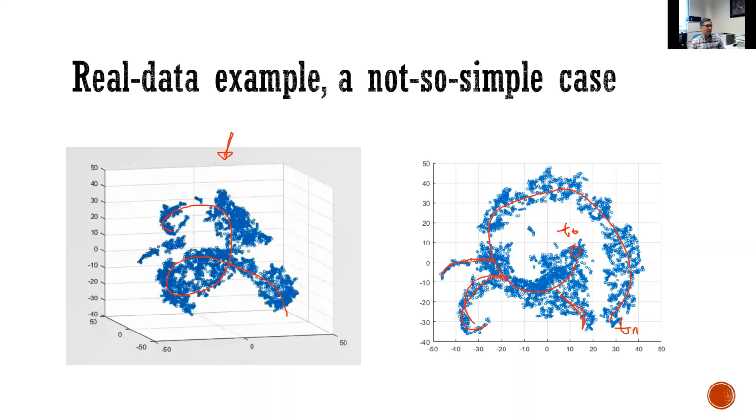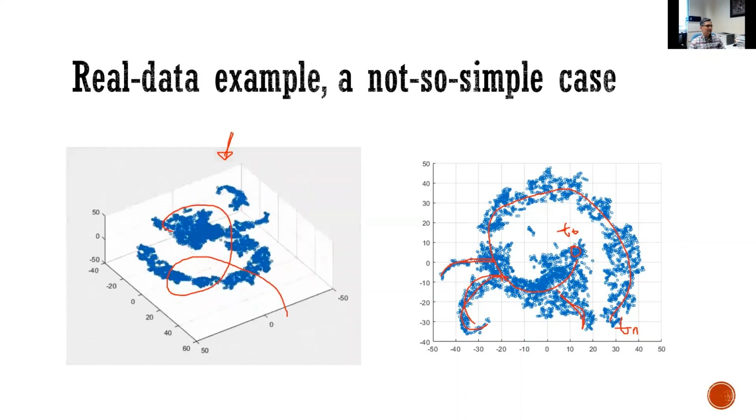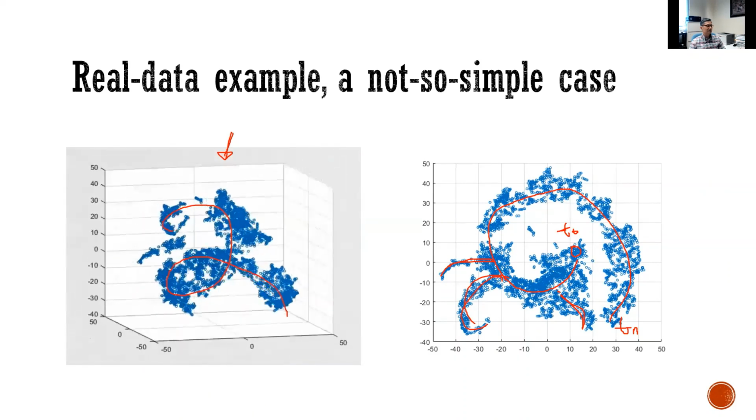I can tell you this is not so easy, and the algorithm needs to be carefully tuned in order to capture this global signature of the shape. So we are going to go into a little bit of detail and see how this trajectory can be found, can be constructed. That's the key for trajectory analysis.